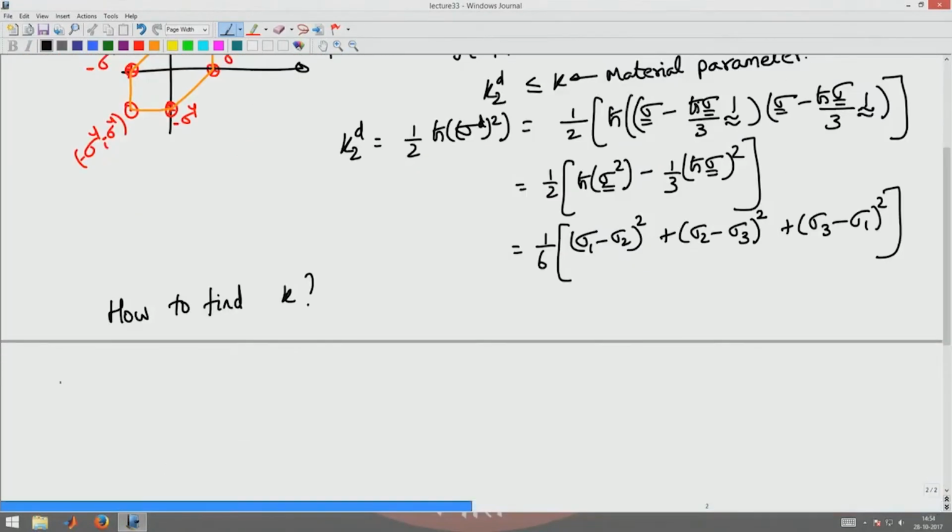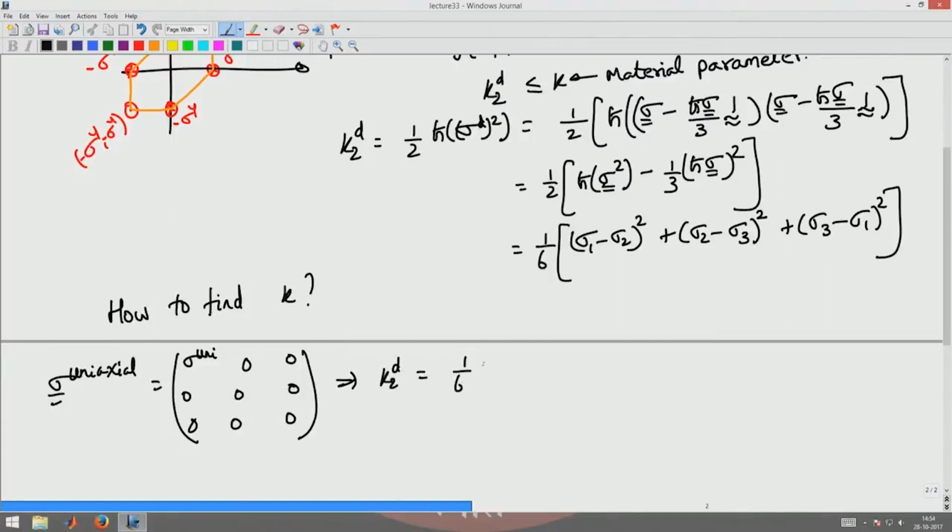We will take a uniaxial state of stress, sigma uniaxial, 0, 0, 0, 0, 0, and for this you can compute k2d to be 1 by 6 sigma 1 square plus 0 plus sigma 1 square, which is sigma 1 square by 3.